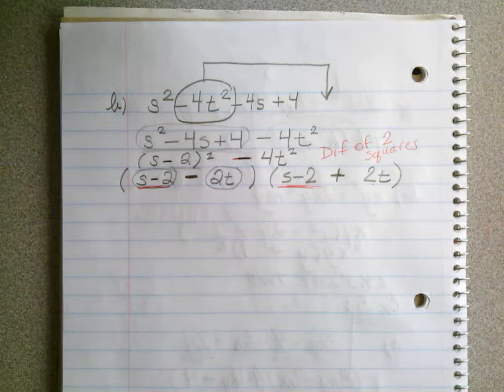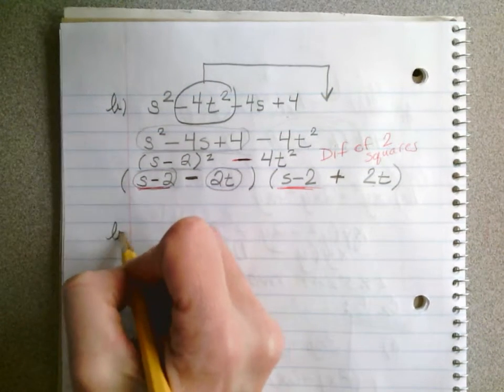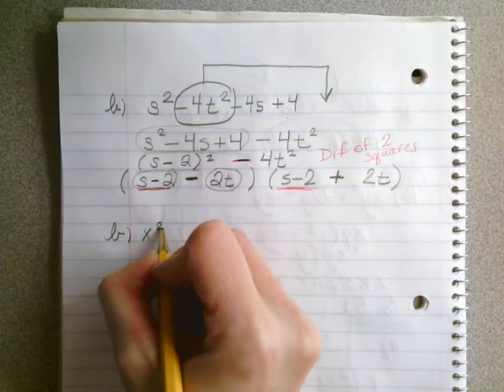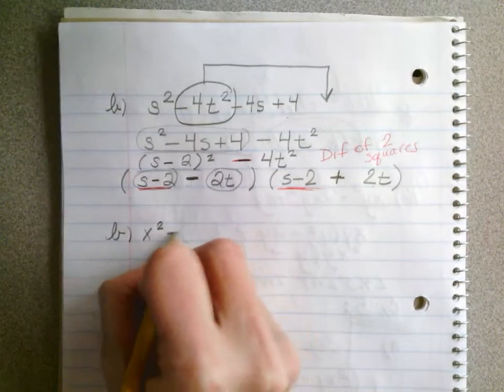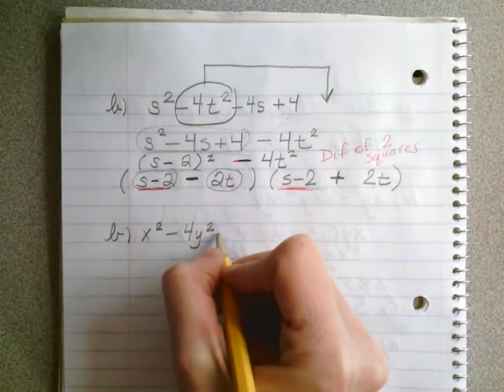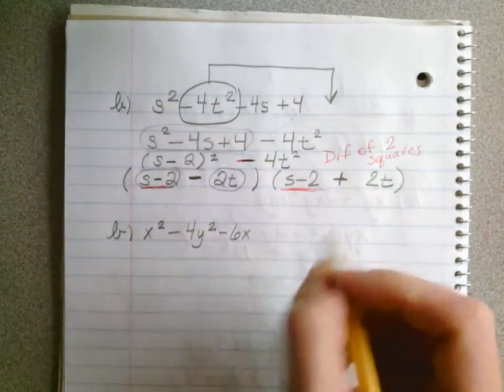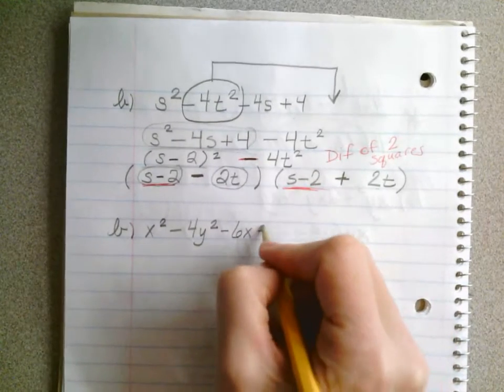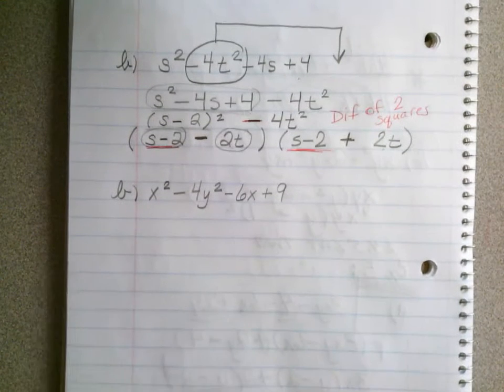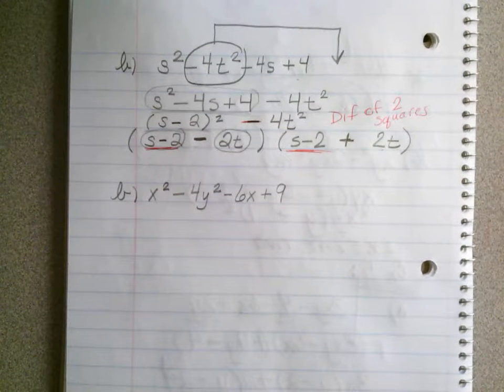I'm gonna do another one with you that is exactly like this, okay? Here we go. X squared minus 4y squared minus 6x plus 9. If you look carefully at this, you'll find there's no greatest common factors, there's no patterns.